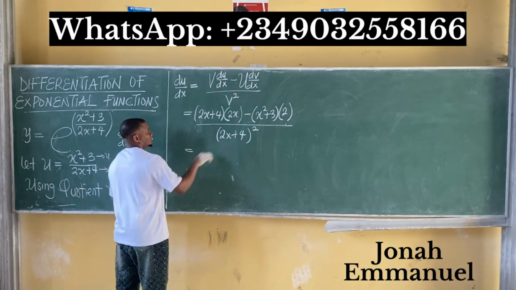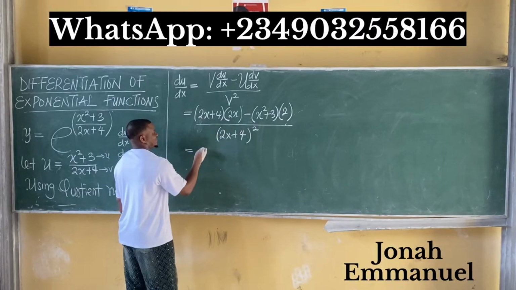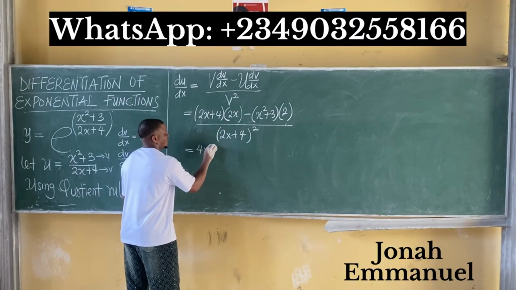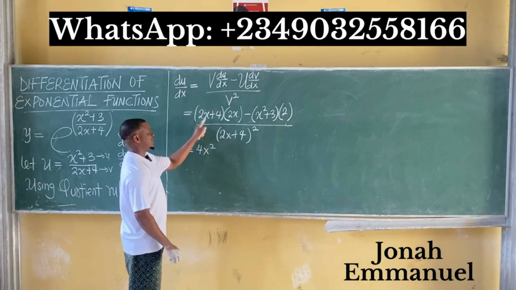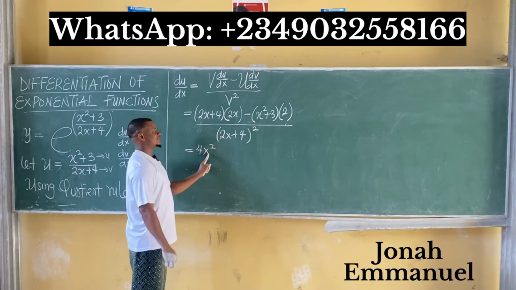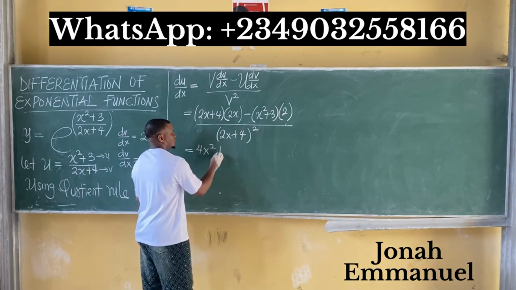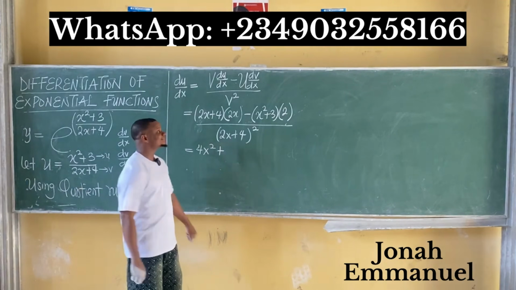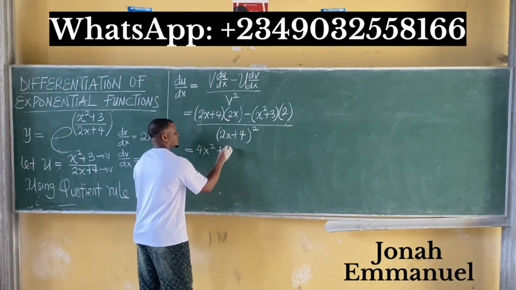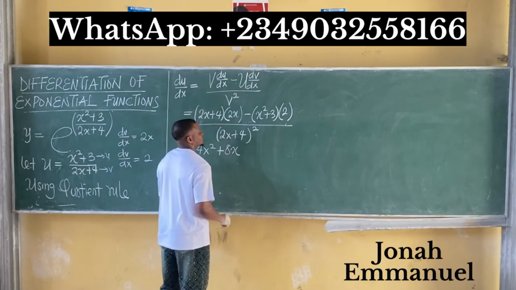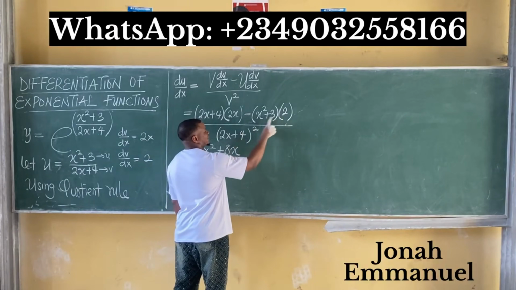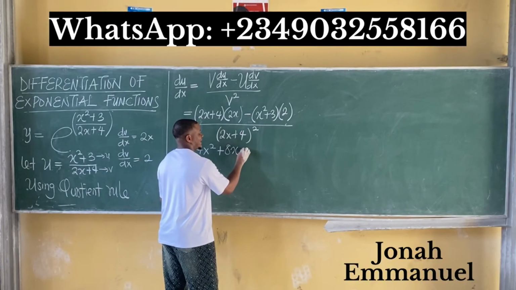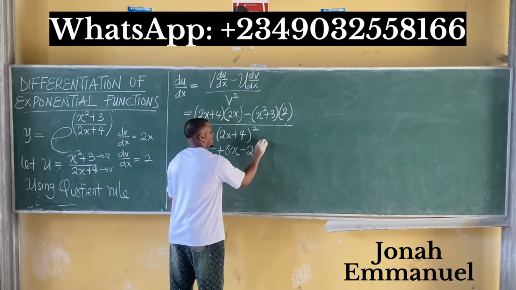Expand this. What do you have here? 2x times 2x, 4x squared. 2 times 2 is 4, x times x is x squared. Plus 4 times 2x, 8x. Minus 2 times x squared gives minus 2x squared.